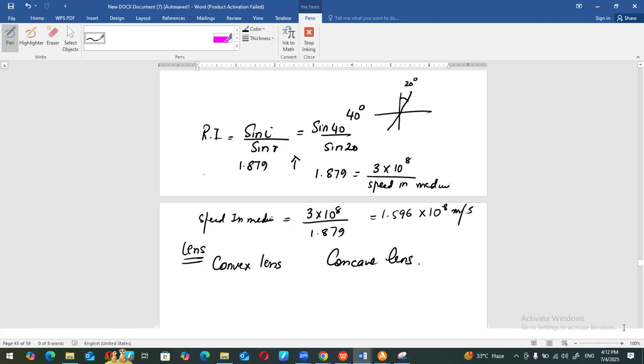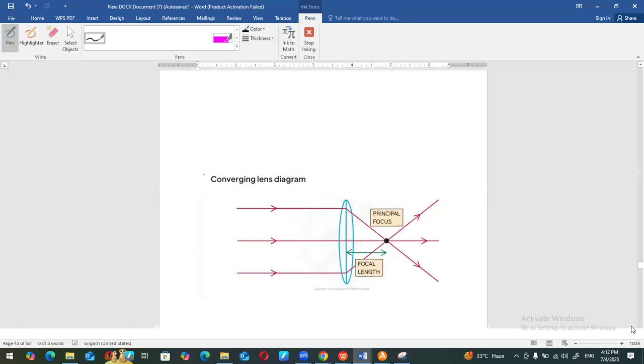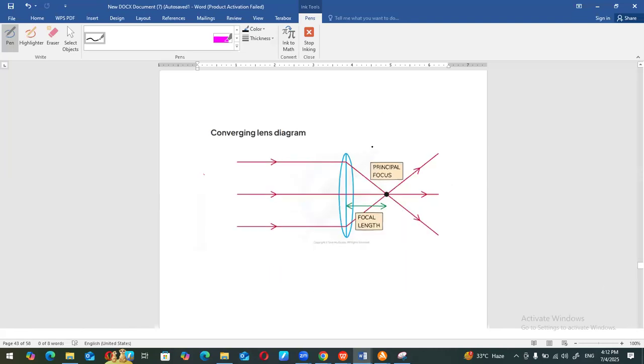Now, what is a convex lens and what is a concave lens? This is a convex lens. You can see yourself, it is thick from the center and thin from the edges.